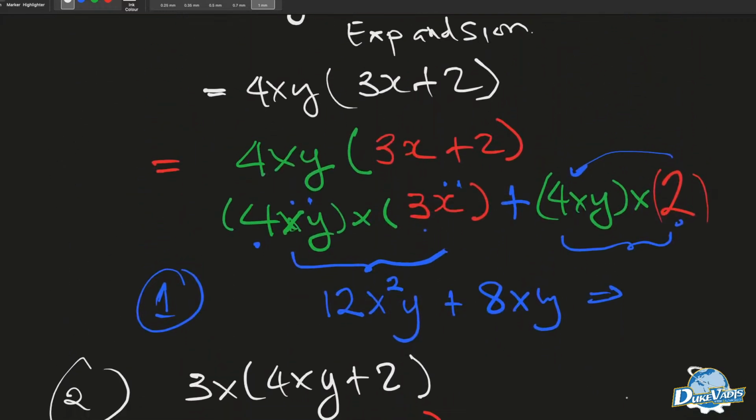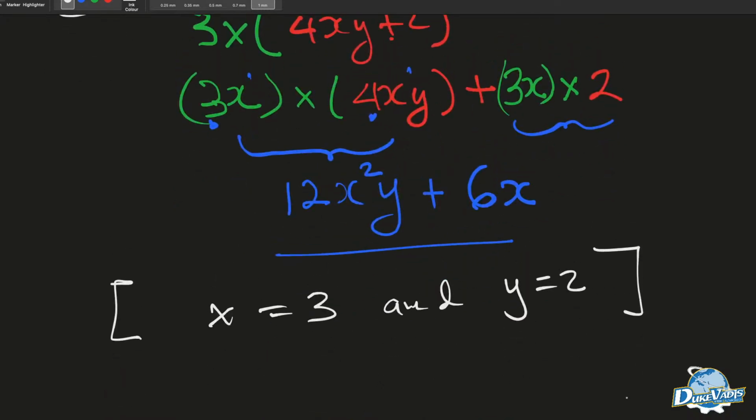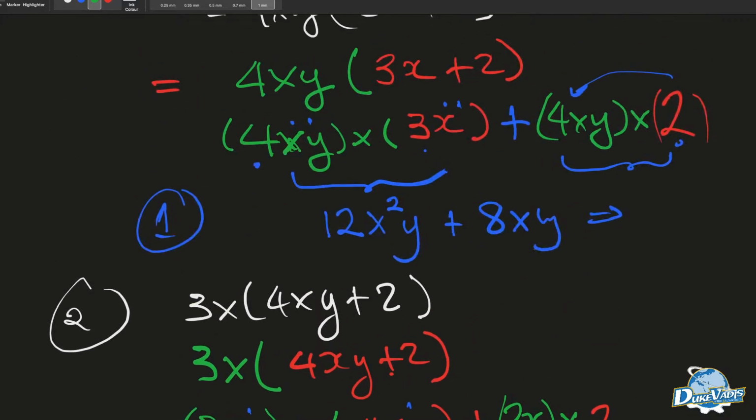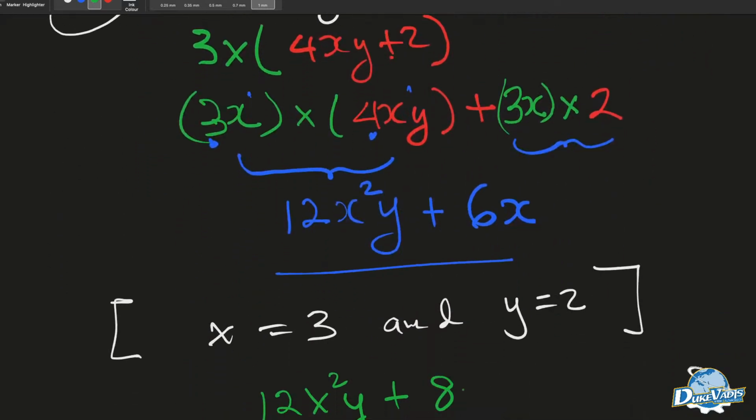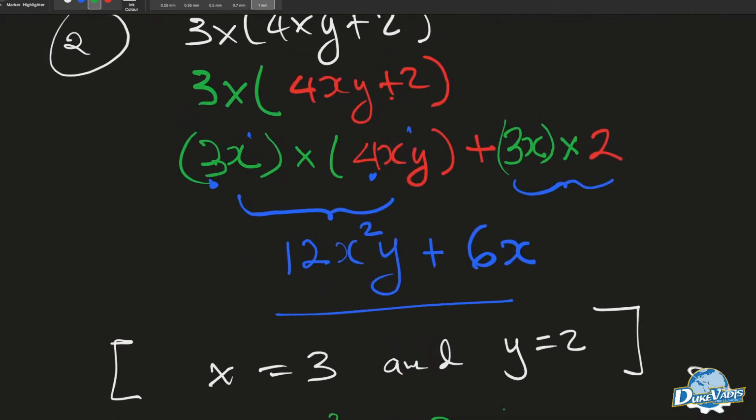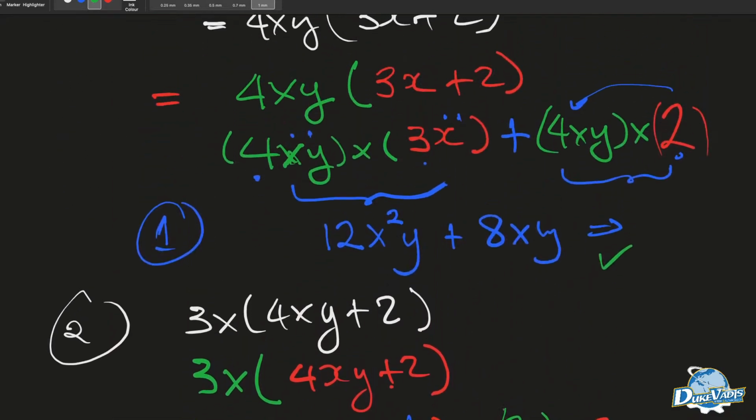Our first one, we have 12x squared y plus 8xy. So our first one was 12x squared y plus, let's have a look again, plus 8xy. Alright, beautiful. So that's what we had.